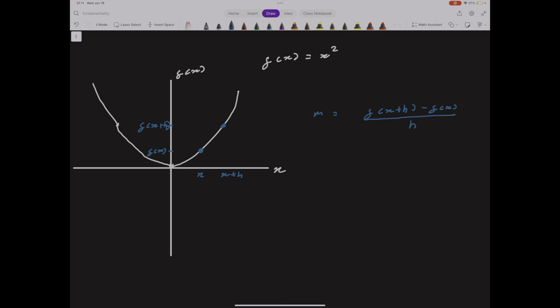So do you remember when I said earlier that when these 2 points get really close, then it basically becomes equal? Well, what we're going to do is say that it gets so close that h is basically 0. We're using h as some kind of variable here, so we can control what value it has. We're saying it's not 0, but it's going so close to 0 that it's basically 0.